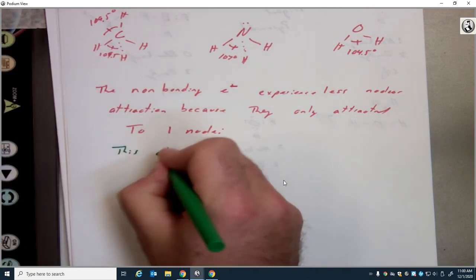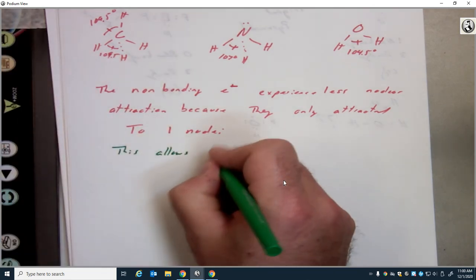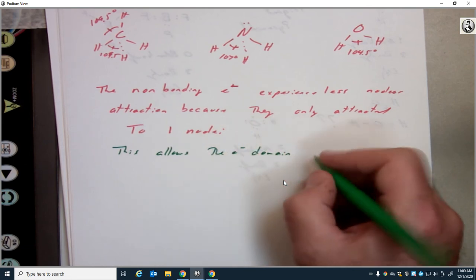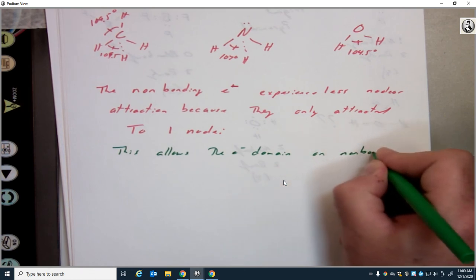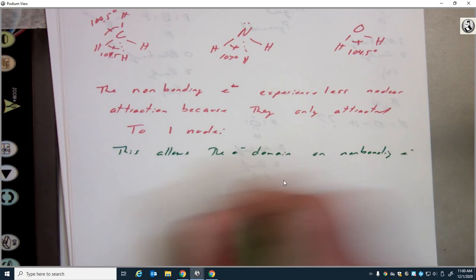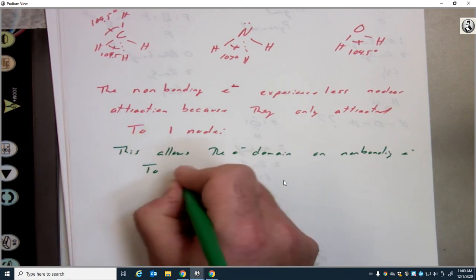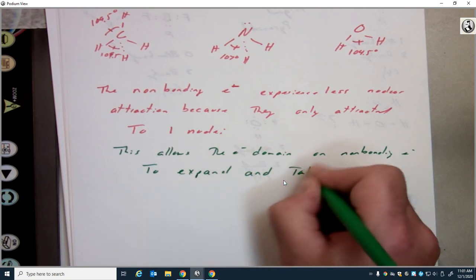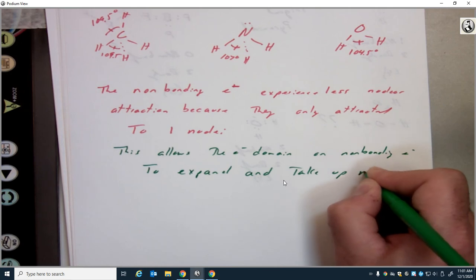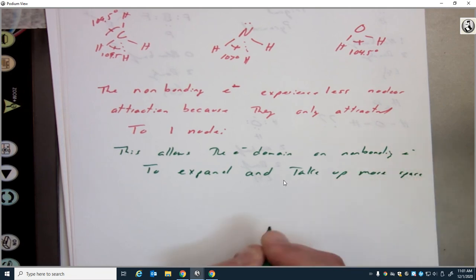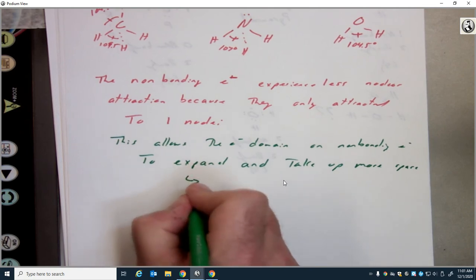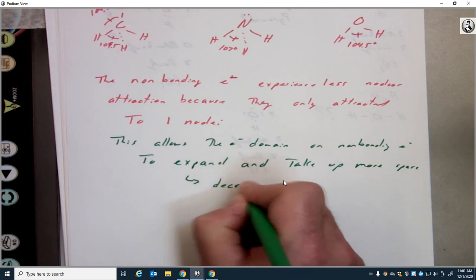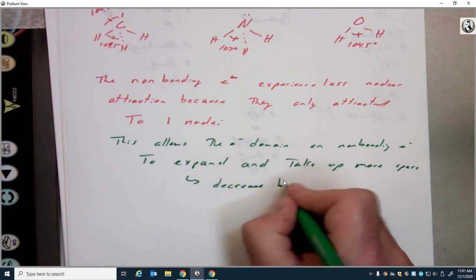This allows the electron domain on non-bonding electrons to expand and take up more space. And that will ultimately decrease bond angles.